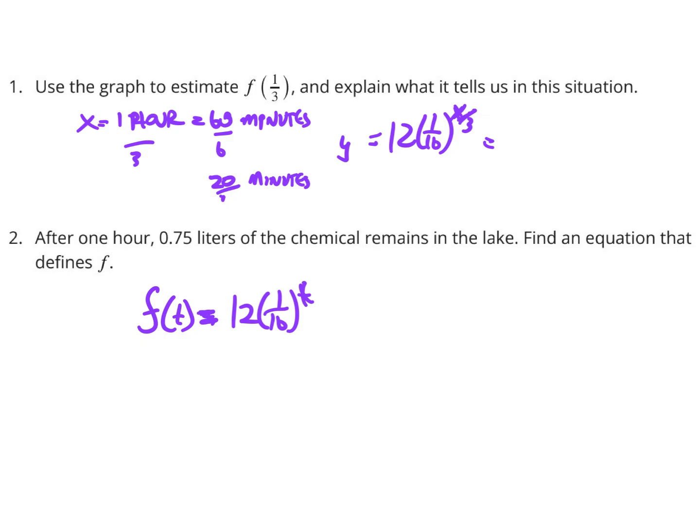When x is 1, which means 20 minutes because I divided by 3, y is about 4.76. So if I go to my graph and put 4.76, we'll get it right. This t represents 1 hour, and this equals 1 hour. But I had to change my input based on what the question was asking me.